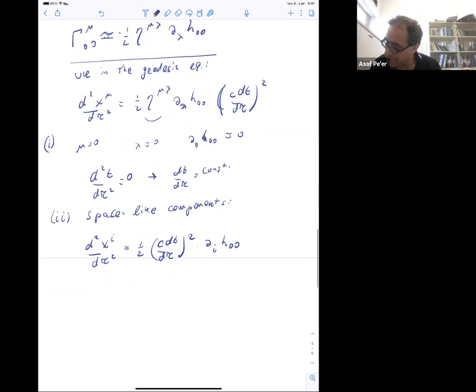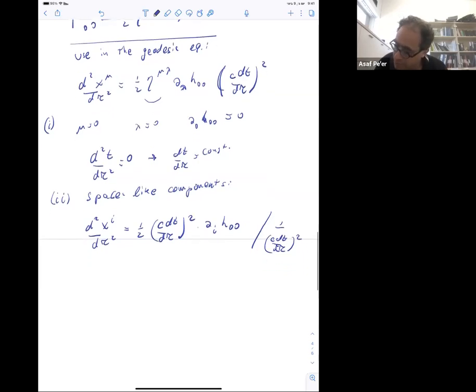Then I divide by c dt over d tau squared, which is just converting the derivative on the left-hand side from d tau to dt. So we have d squared xi over c squared dt squared equals 1/2 di h00.